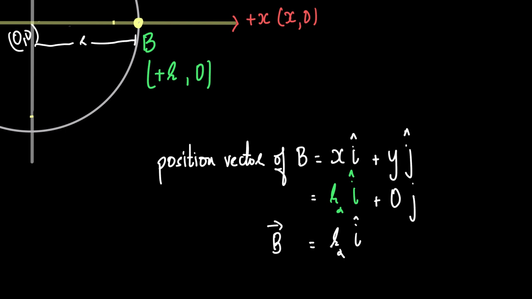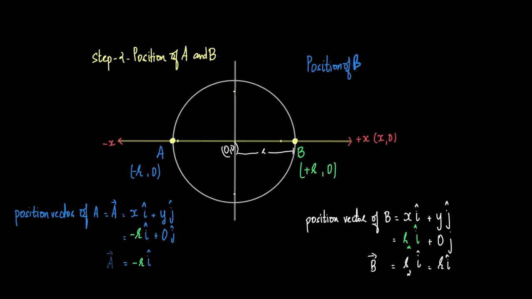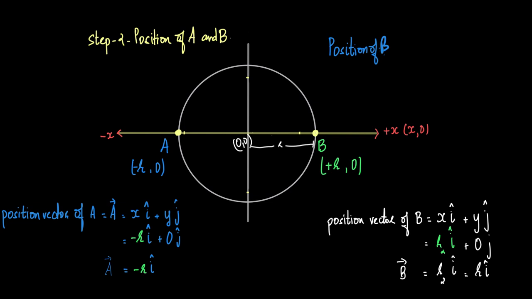So this is r2i, and it is safe to assume, well, if you want, you can just use r2 as well, which actually is equal to ri. Okay. So position of A is actually the initial position, and position of B is the final position, right?